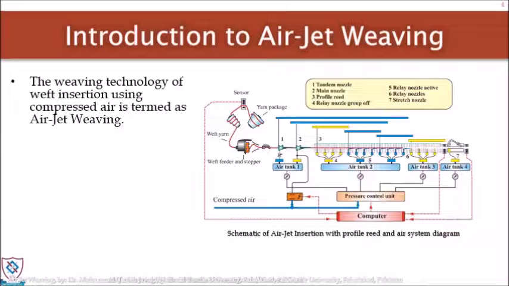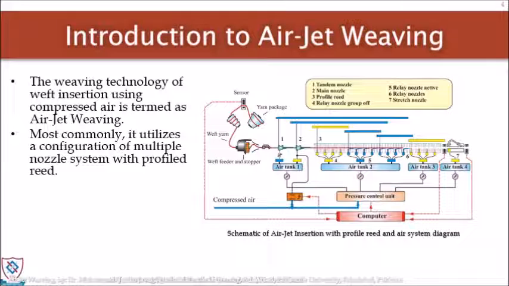Since we have seen in the previous slide that the air will carry our weft from one side of the machine to the other, here I'm going to describe what the different components are and illustrate how they contribute in weft insertion.